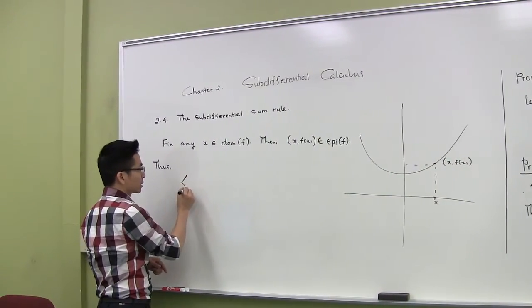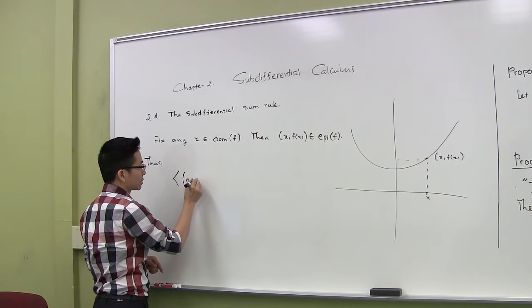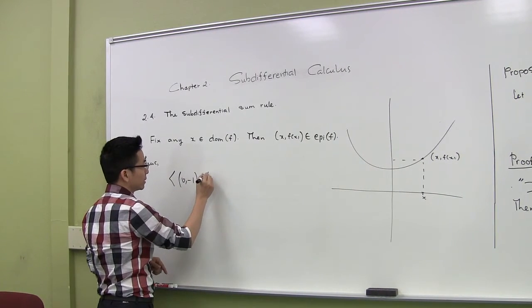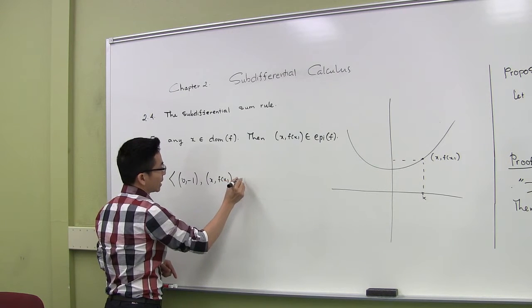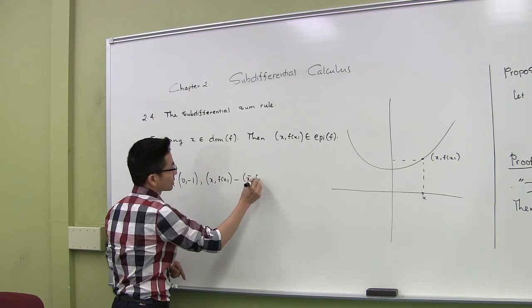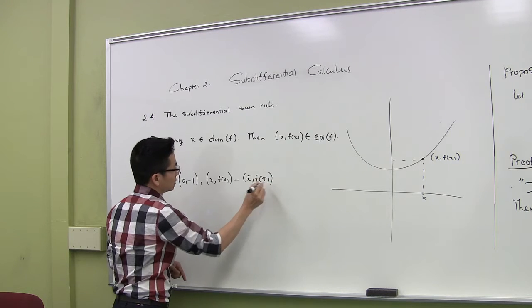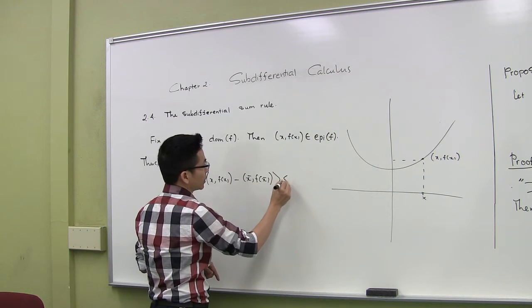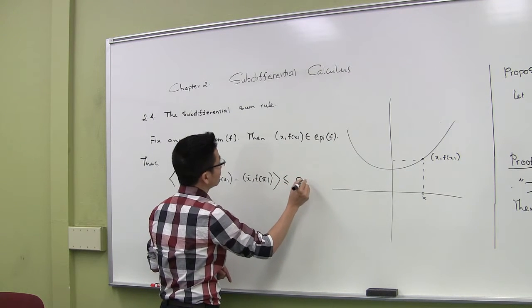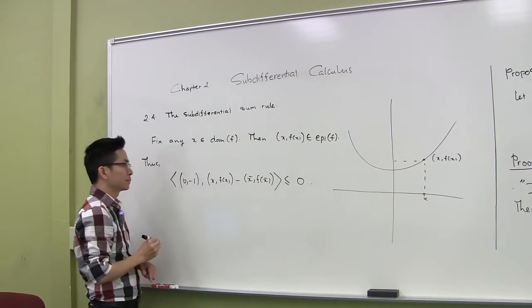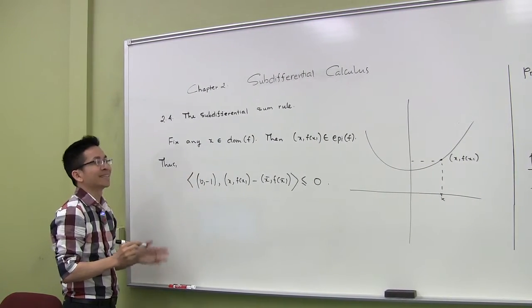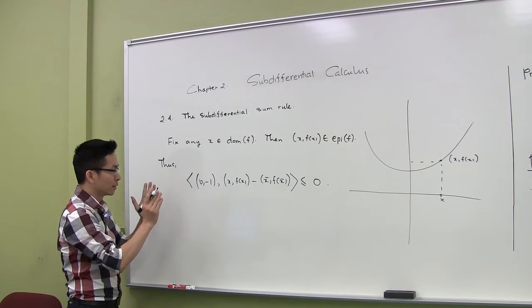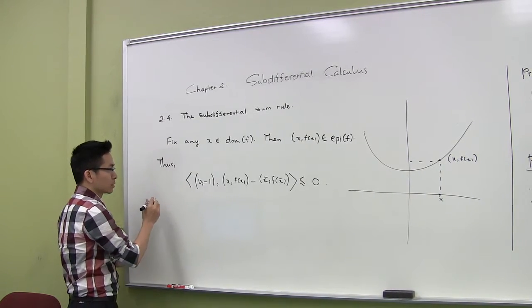The inner product of (v, -1) and (x, f(x)) minus (x bar, f(x bar)) is always less than or equal to 0. Because this is the inner product in R^(n+1), we can rewrite it as follows.